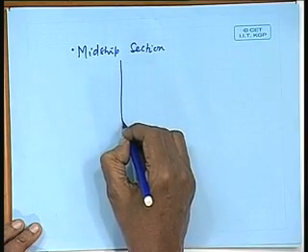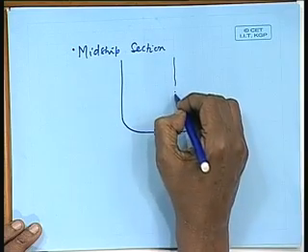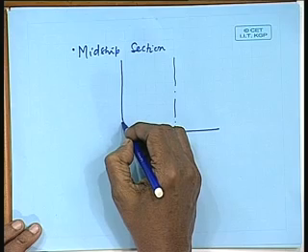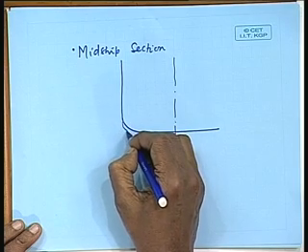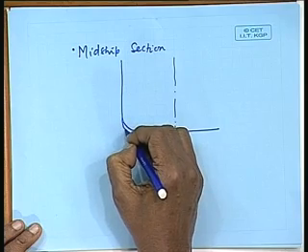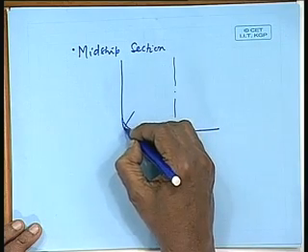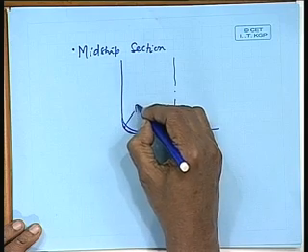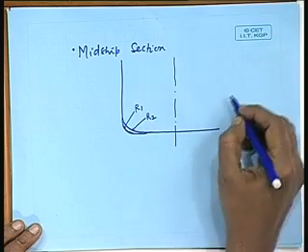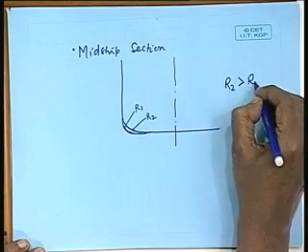I have got one midship section which is like this, this is the center line, and I got another midship section which is like this. That is, this bilge radius is R1 and this bilge radius is R2. R2 is bigger than R1.